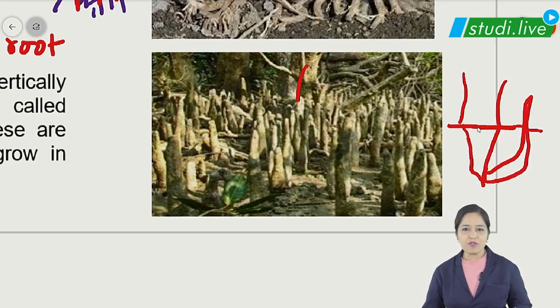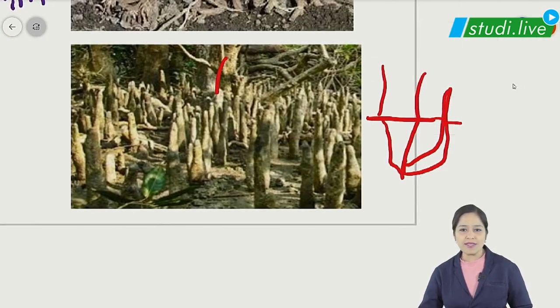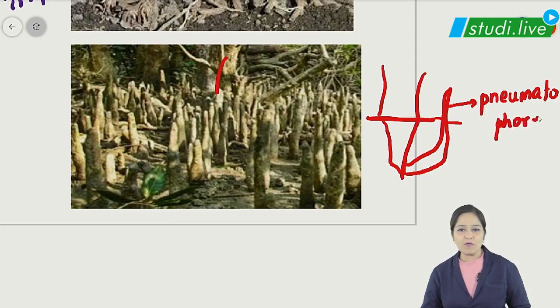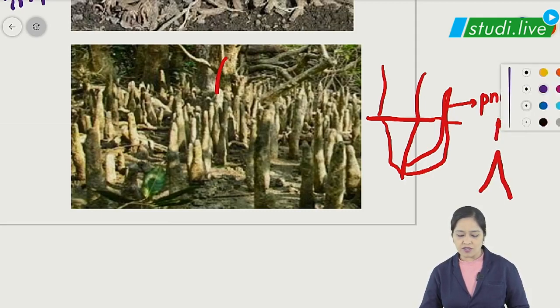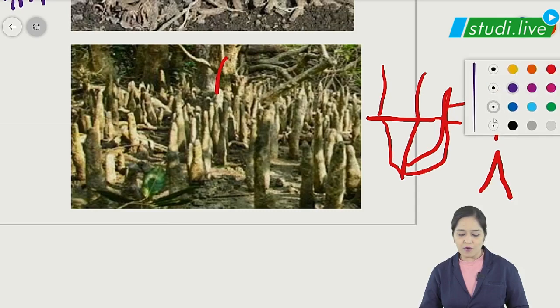These projections are known as pneumatophores. Here we can see these are the structures which are coming out, the pneumatophores.